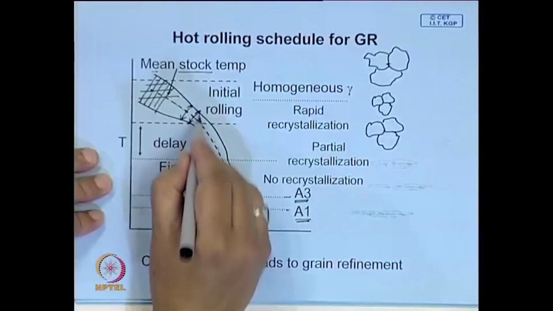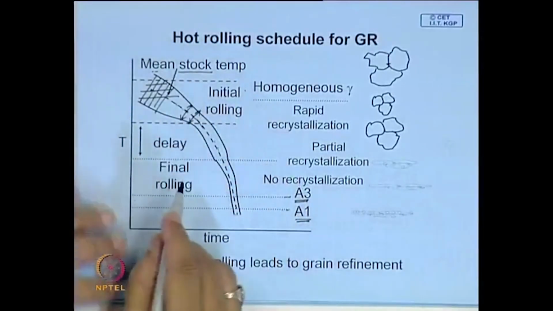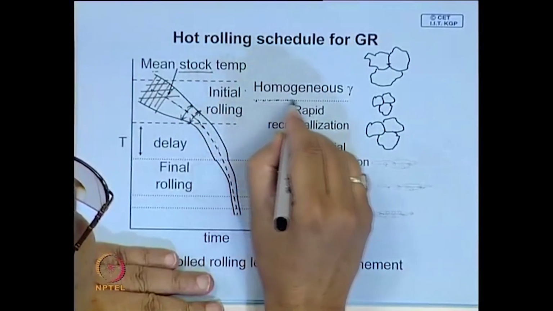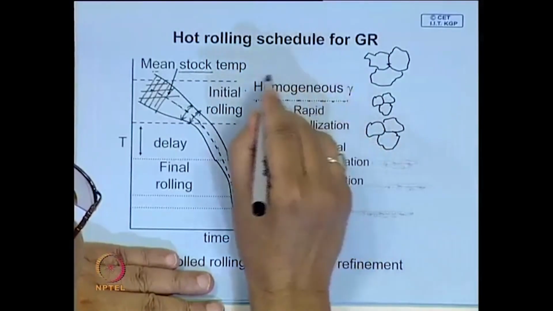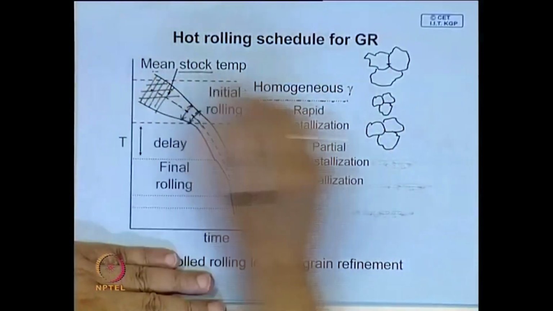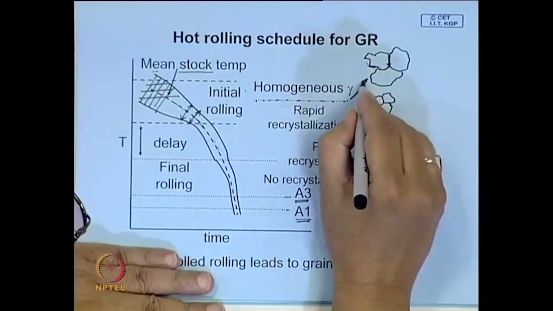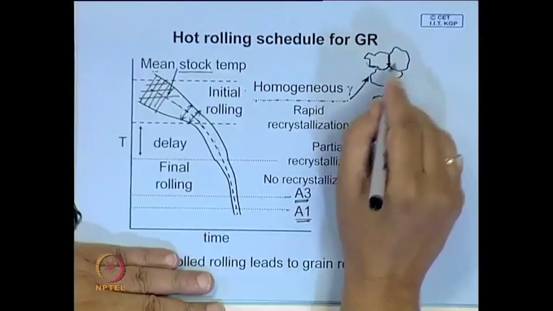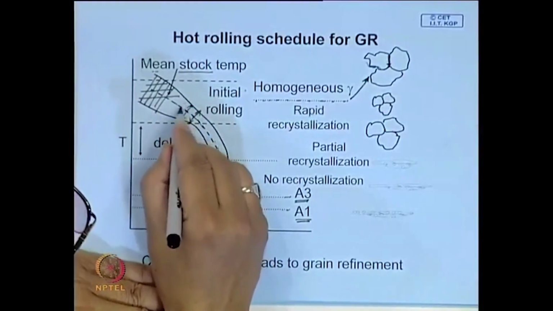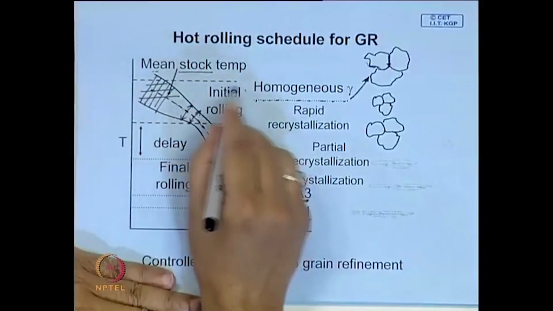So, this is the temperature range where you give the initial rolling. And it is also shown here, these are the critical temperatures above which you have homogeneous austenite. If you have homogeneous austenite, these grains may have grown. So, typically, above this temperature you have this coarse austenite grain, and when you are giving reduction you try to give as high a reduction as possible, and at higher temperature the strength of the material is also low.